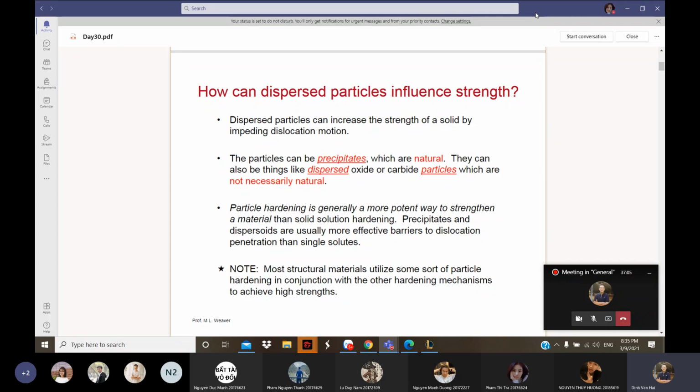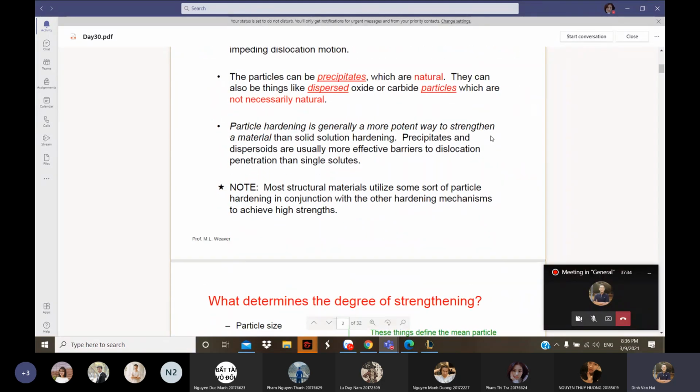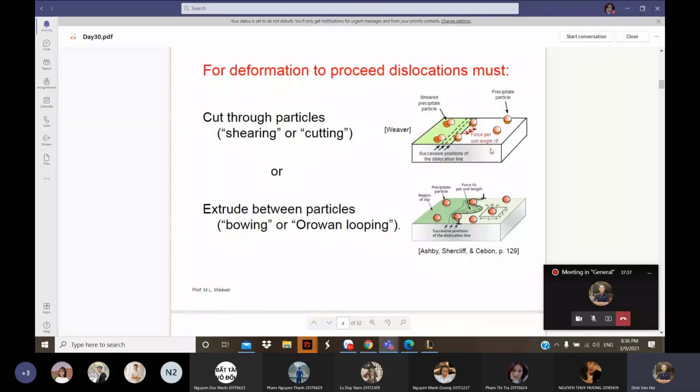So if we want to deform materials, the dislocation has two ways to move. One is they can cut the particle, or shearing, right? Another is they can move between the particles, which is Orowan looping. Orowan is a scientist.